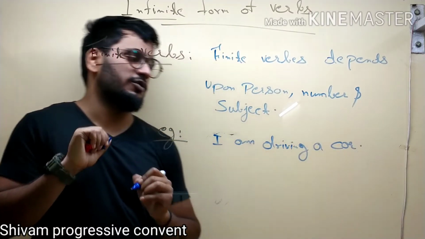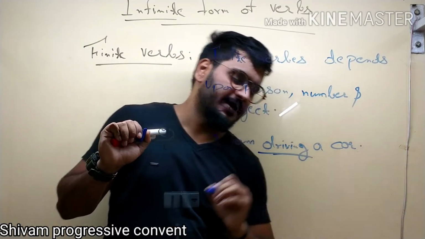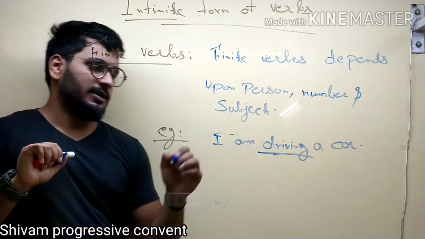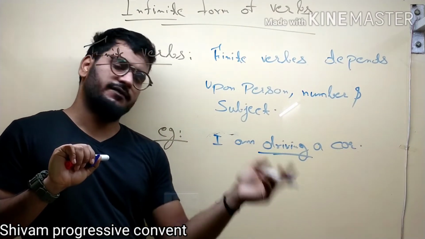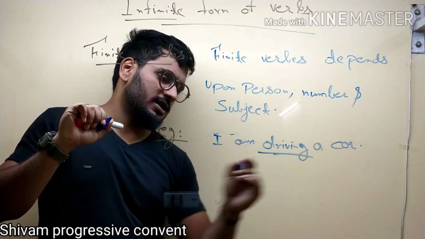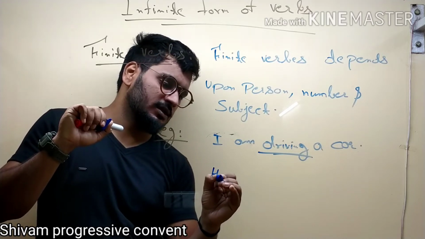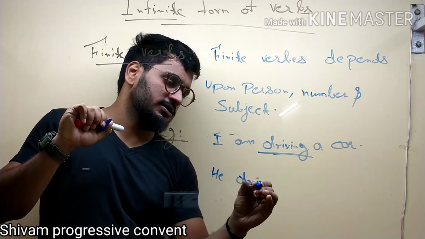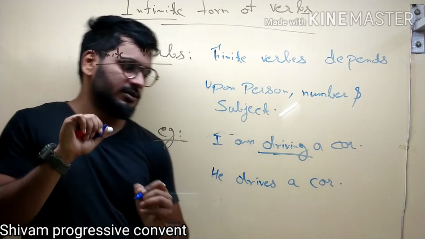This is an example of finite verb. Here, driving is a finite verb. Another example, just notice the verb will change into another form. He drives a car.